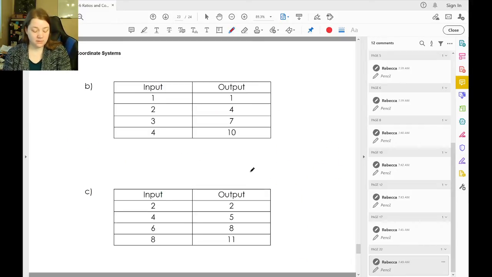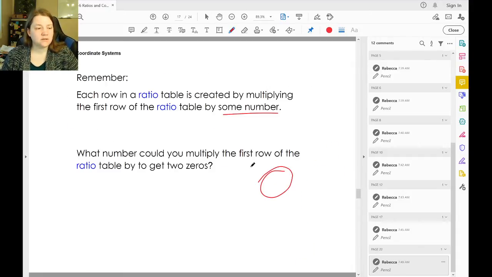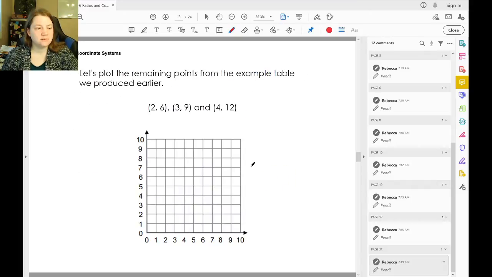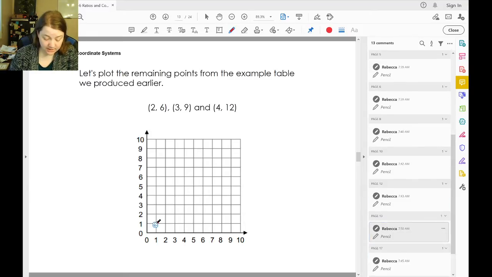Let's take a look at the next 2. Now I'm going to have to go ahead and take a picture of the points again. And let's take a look at our good old trusty ratio table. So the first point was 1, 1. And I can see the point there. And then it was 2, 4.